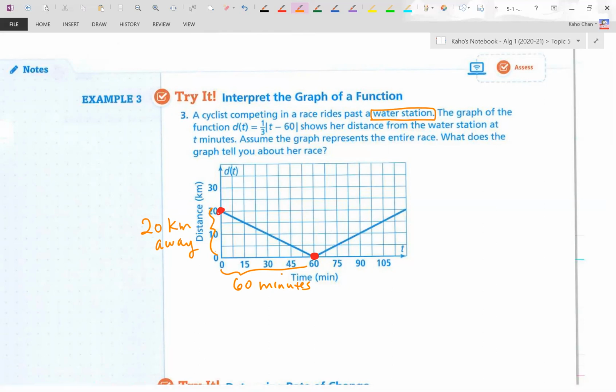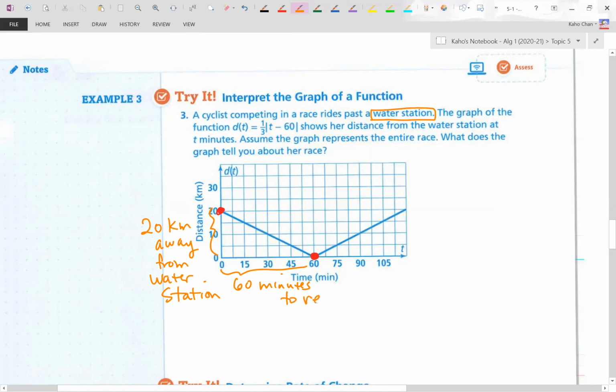So that is the relationship, 20 kilometers away from the water station. And it took her 60 minutes to reach it. Make sense? So I didn't really do a lot of math here. I just interpreted the graph itself. All right, let's move on to the next example.